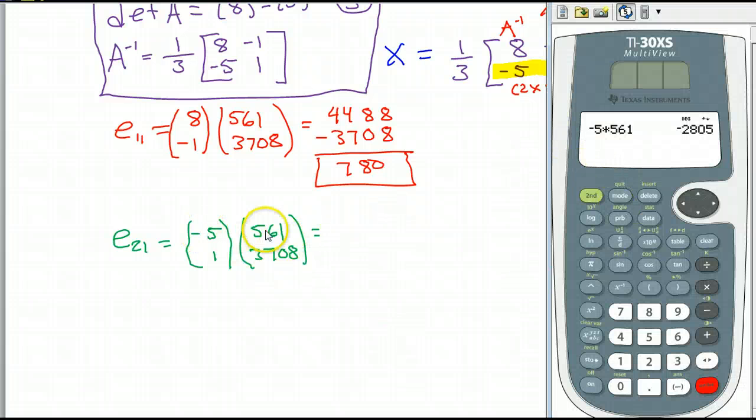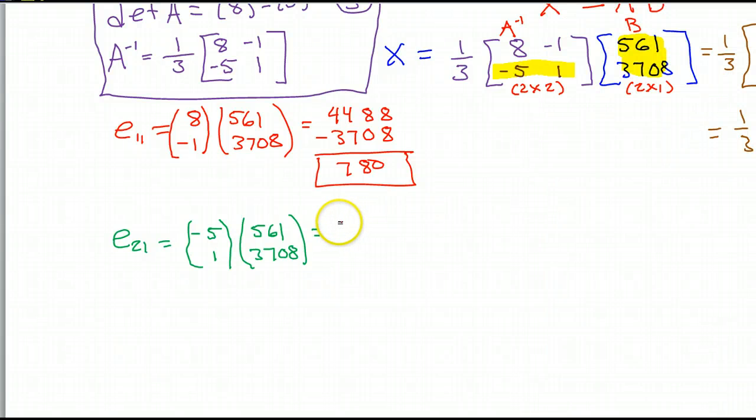Yeah, so negative 5 times 561 is negative 2,805. And then 1 times 3,708 is what it is. So we'll put these together, and then there you have it.